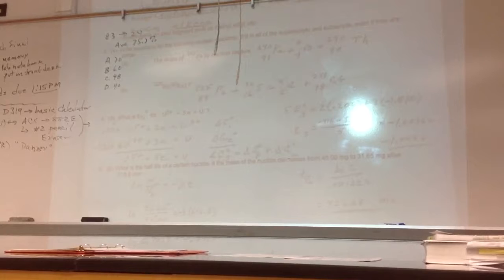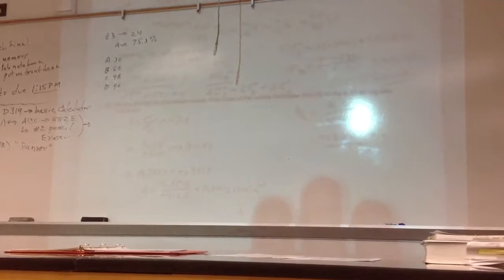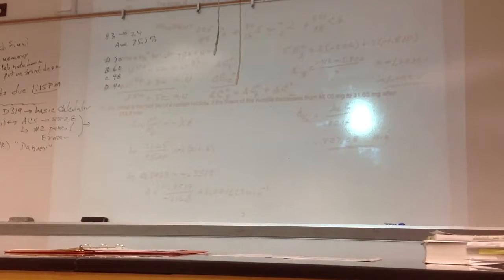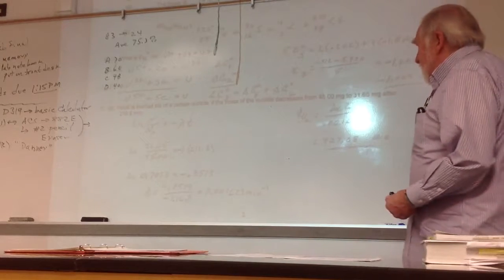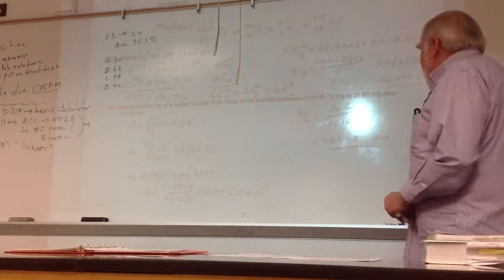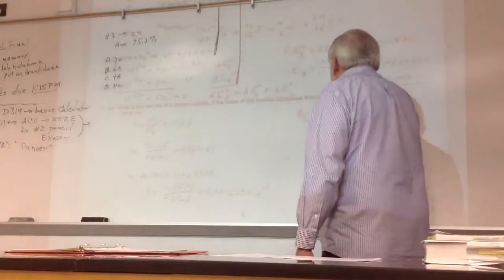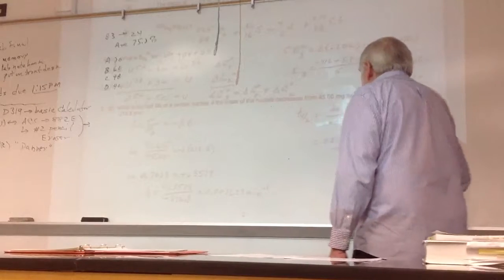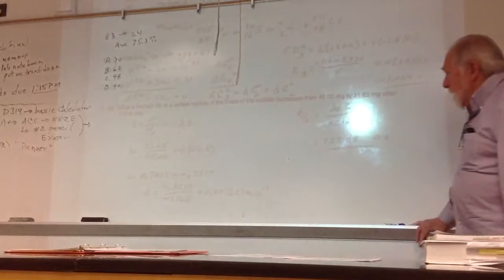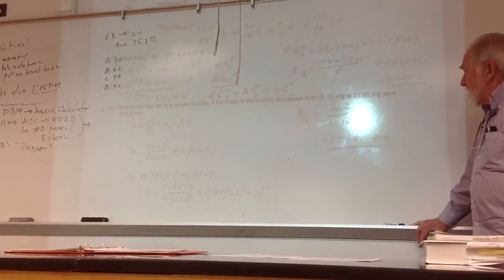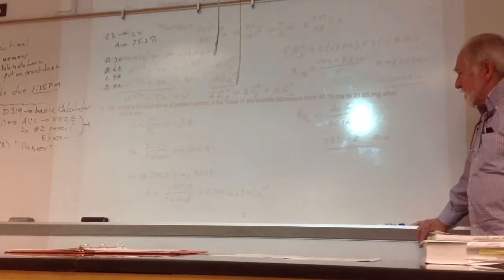Okay? Then we got to the half-life problem. On the other quiz, I gave you the half-life and asked you to calculate something. I gave you the percent that was left. You could calculate that here, okay? But what a couple of people tried to do was by proportions.